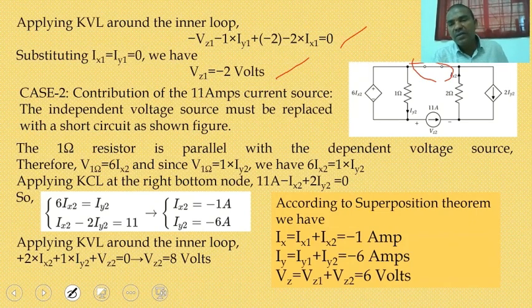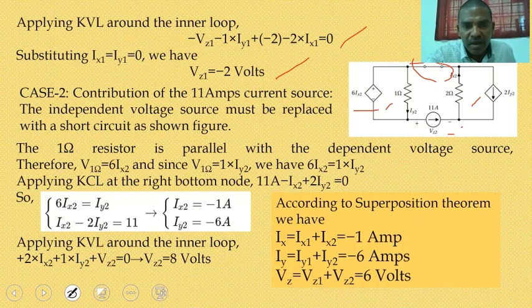The voltage source is short circuited, so the current source is acting. Now we go for the basic equations with respect to the left loop and the right loop. The first loop gives 6Ix2 equal to 1 into Iy2.